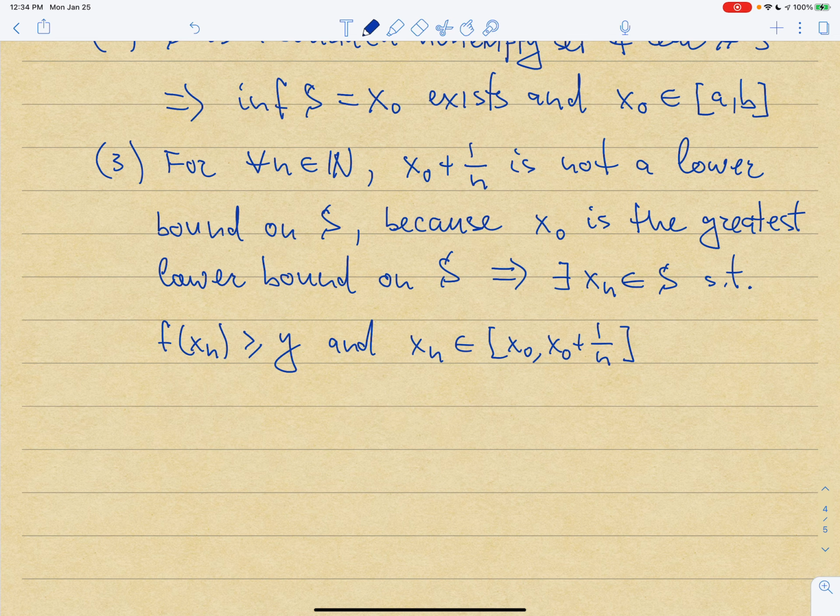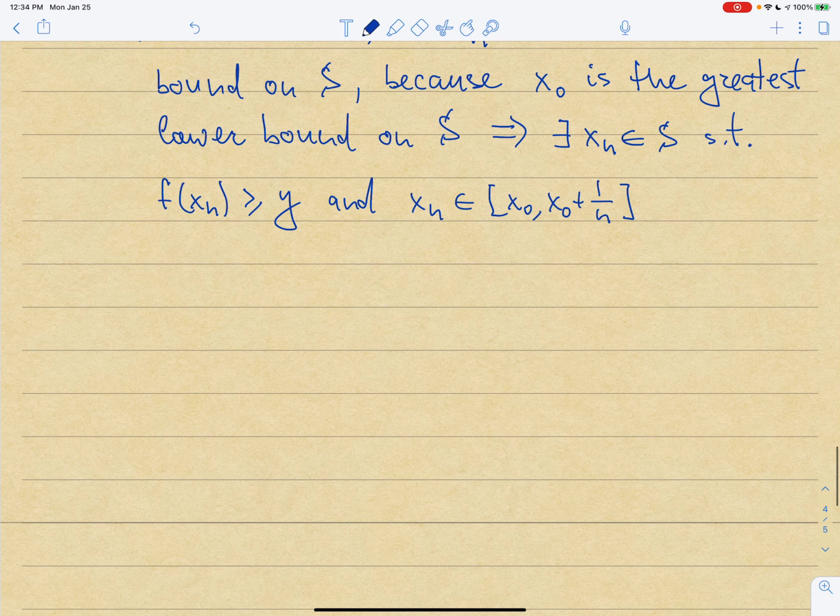All right, so in that case, I got a sequence xn, where xn belongs to the interval from x0 to x0 plus 1 over n.